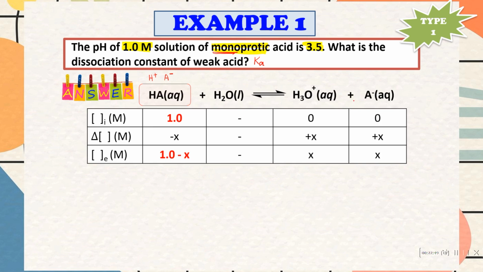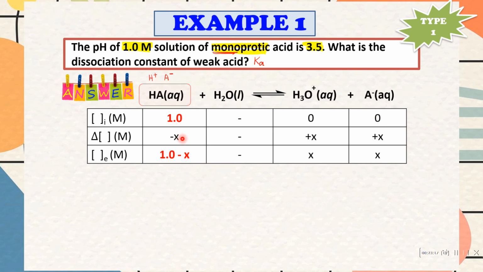Second step, draw the ICE table and substitute the values of initial concentration, that is 1. As for the H2O, this is a liquid, so it is not considered; just draw dashes. For H3O plus and A minus the initial is 0, which means not dissociated yet.